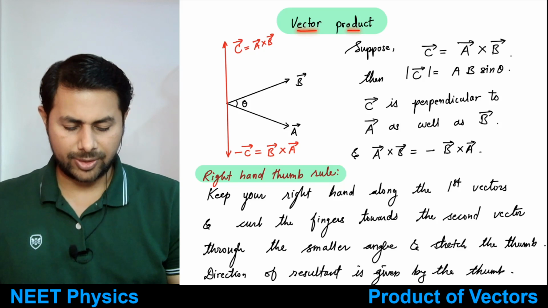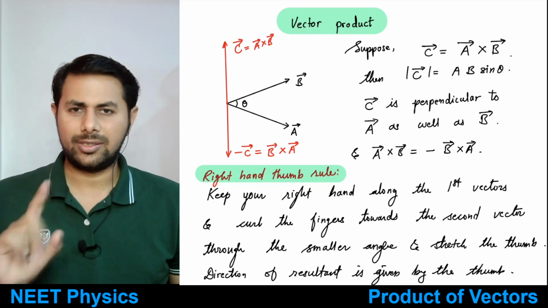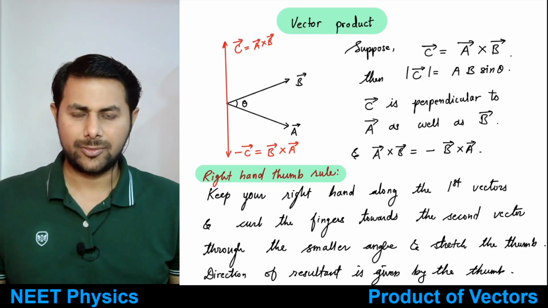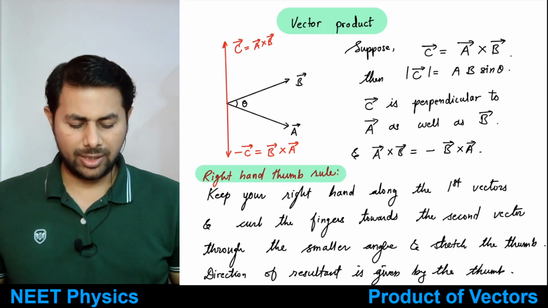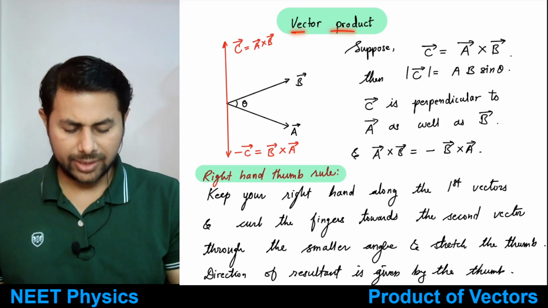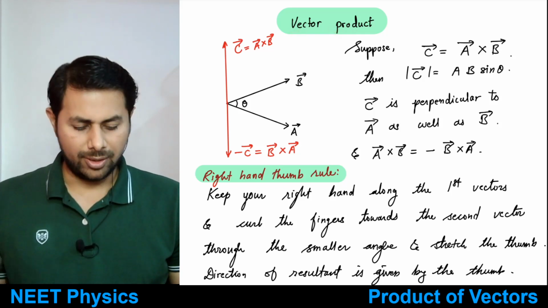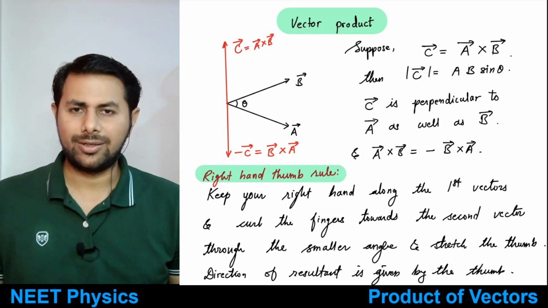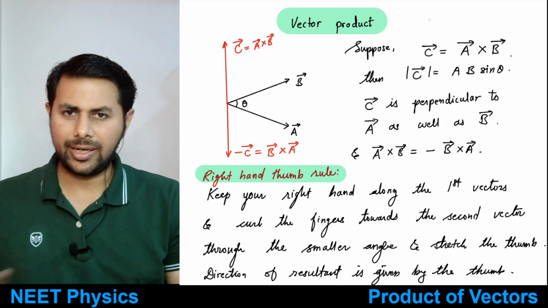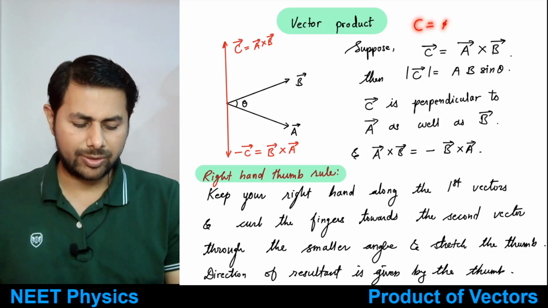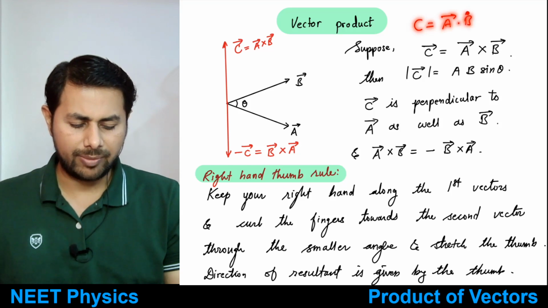So what is the vector product? You multiply two vectors, and the resultant is also a vector. Then the product is said to be a vector product. Now the question is how to denote that, because we denoted the scalar product. Let's suppose the scalar product of A and B is C, so C is equal to A bar dot B bar.